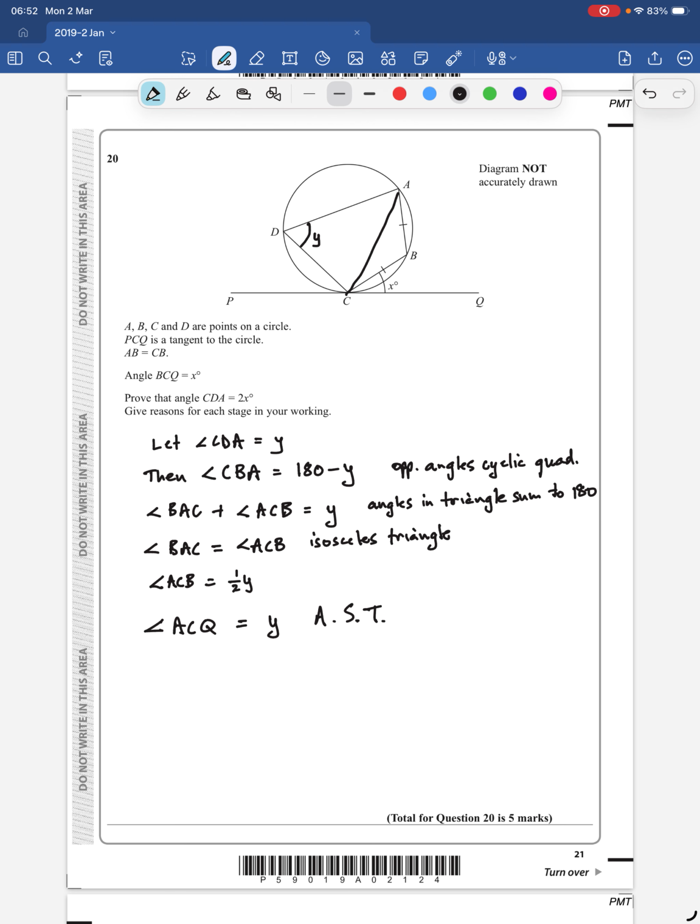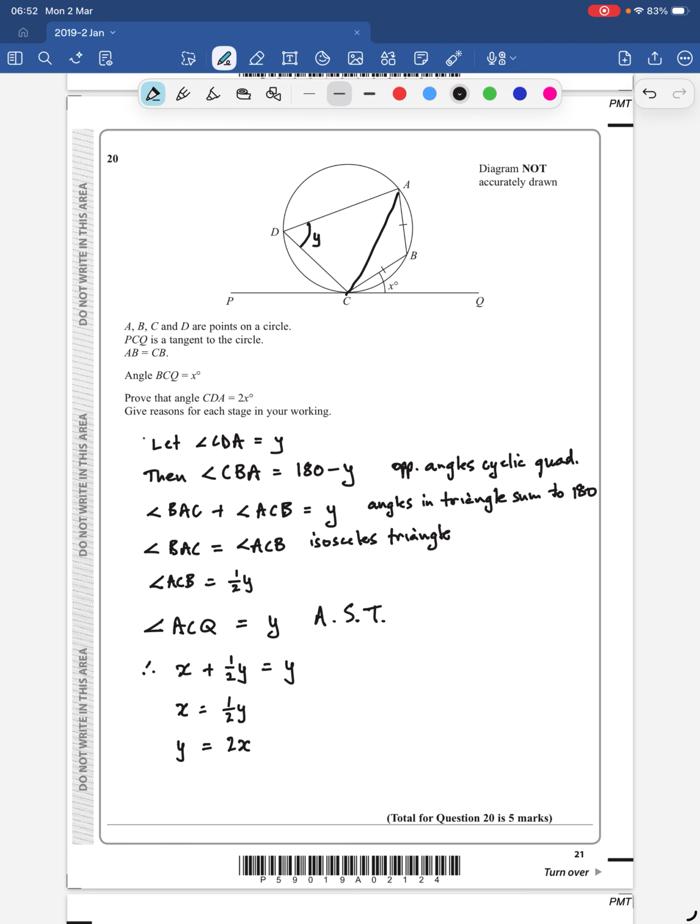And therefore I have, x plus a half of y equals y. And that therefore means that x equals a half of y, and therefore y equals 2x.